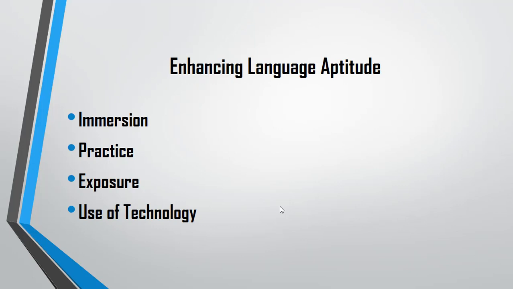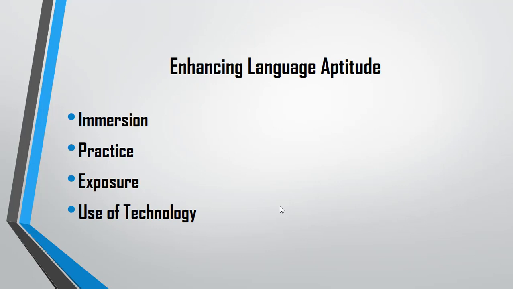Exposure. When we talk about exposure, we talk about exposing oneself to diverse mediums and contexts. For example, let's say attending events, consuming media, using apps, websites, etc. Use of technology, as we discussed before, you can use Easy Learning.